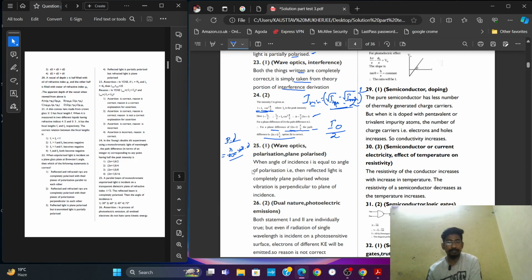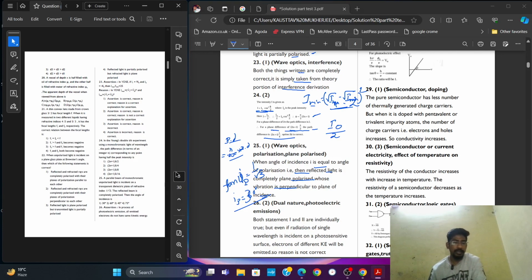This has to be done by Brewster's formula: tan theta equals tan IP, where IP is the polarizing angle. Tan IP equals root 3, sorry, root 3 is 60 degrees. So IP will be equal to 60 degrees. I think option 1 is correct.